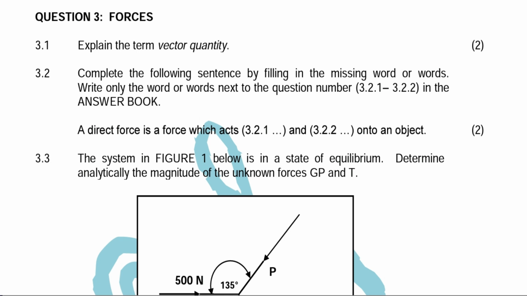The statement says a direct force is a force which acts 3.2.1 and 3.2.2 onto an object. So 3.2.1 is directly and 3.2.2 is perpendicular, and the sentence when completed will say a direct force is a force which acts directly and perpendicular onto an object.